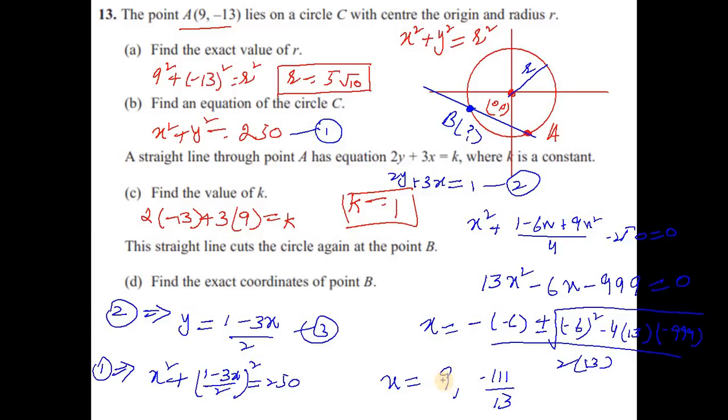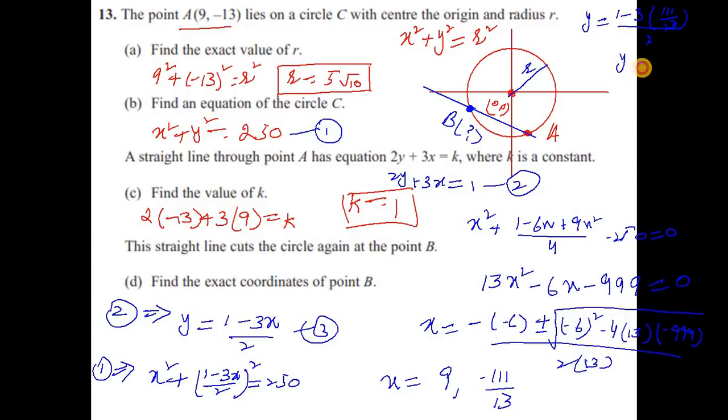So 9 is the one value of x, which is the x coordinate of the point A, which is this. That means the second point B has x coordinate minus 111 over 13. So you can substitute minus 111 over 13 in equation number 3 to figure out the value of y. Just replace x in equation number 3 and solve for y. So y is equal to (1 minus 3 times minus 111 over 13) divided by 2.